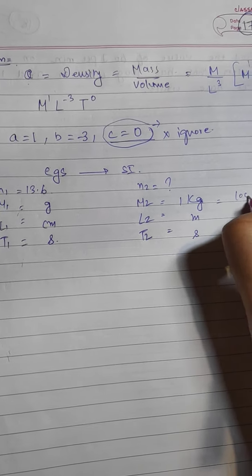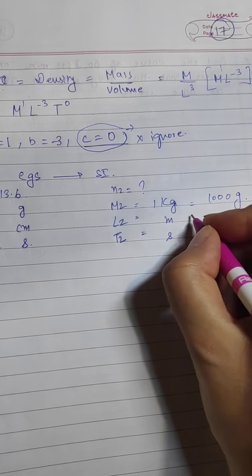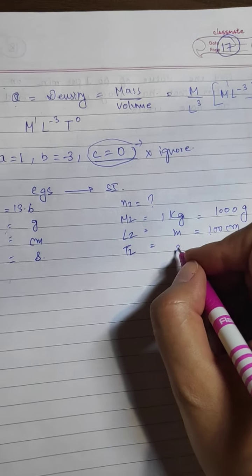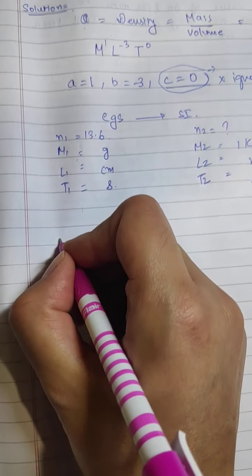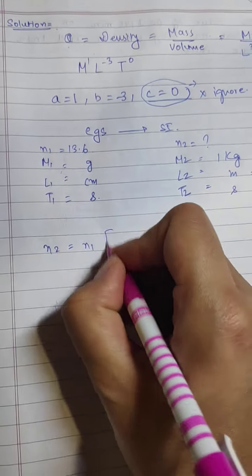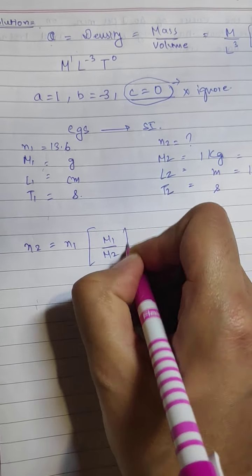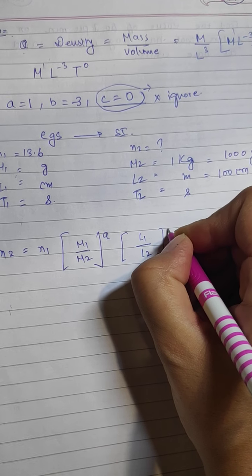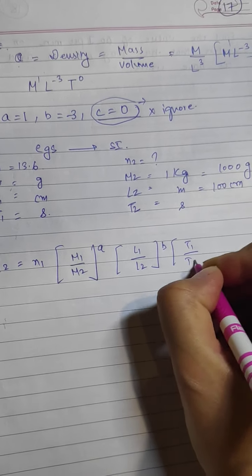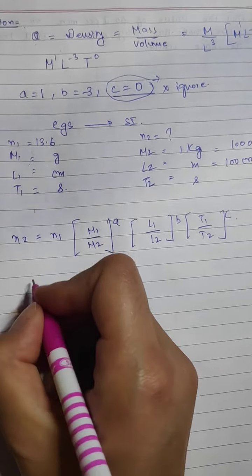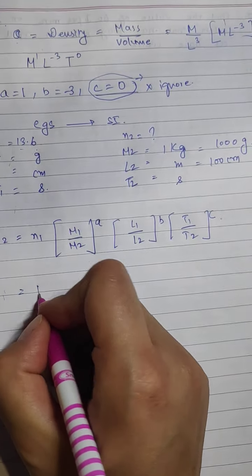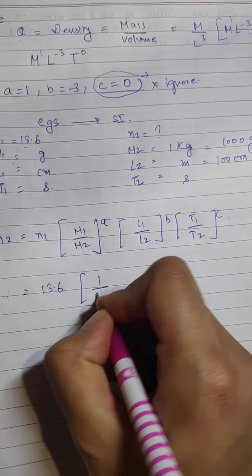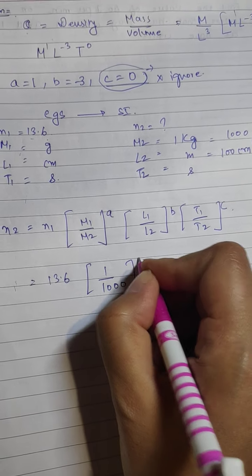How many grams are there in 1 kg? 1000 gram. How many centimeters are there? 100 centimeter. Now again use the same formula. n2 is equal to n1, M1 by M2. Firstly you'll write the formula, then you are going to put all the values. Then T1 by T2 to the power c. Now put all the values. What is n1? That is 13.6 into 1 by 1000 raised to the power 1.